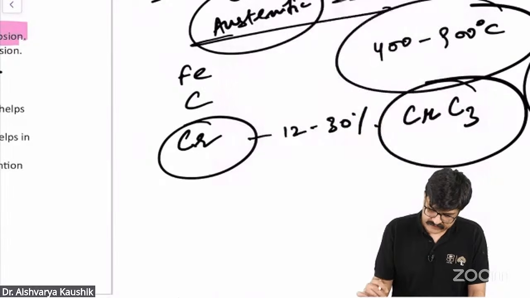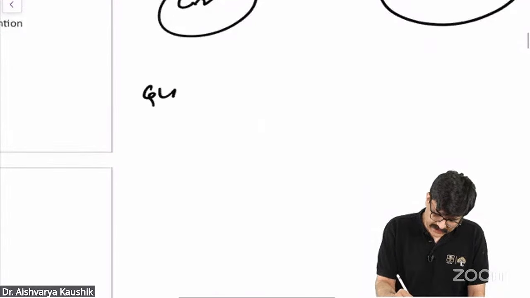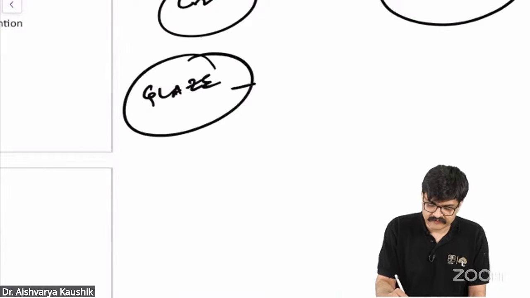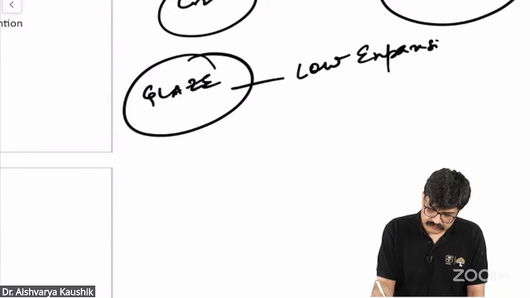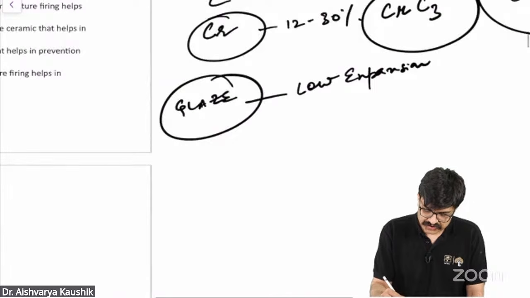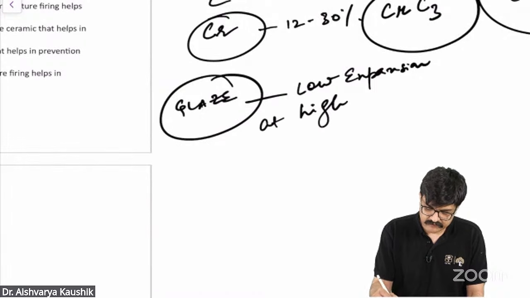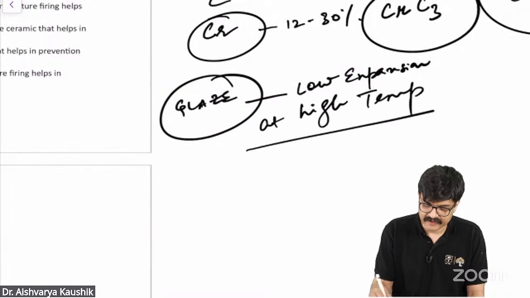The important points are that when you do a glaze, you basically prefer a material which shows low expansion when you fire it at high temperature. Okay, that is one.